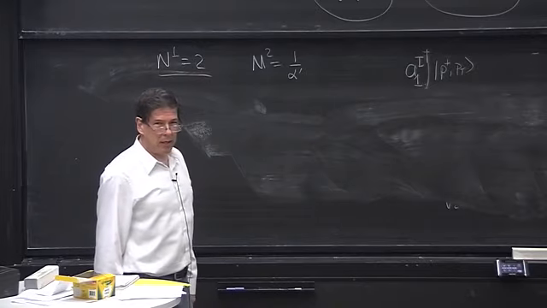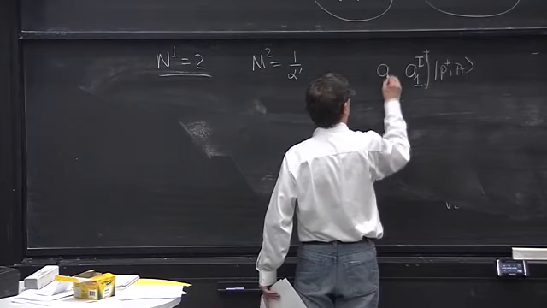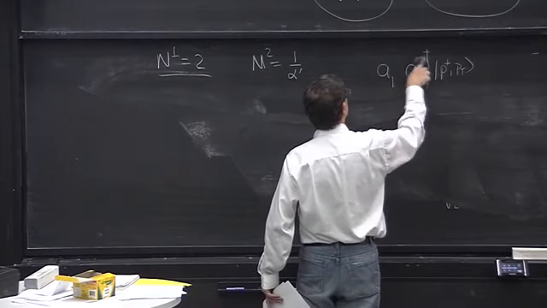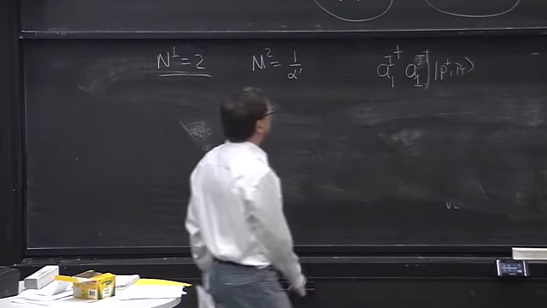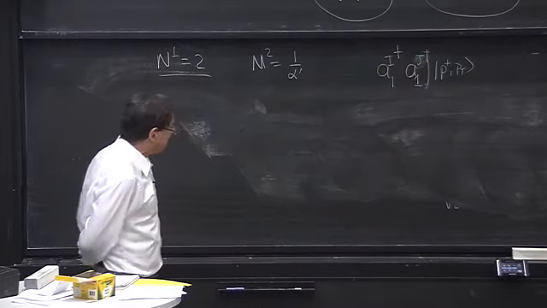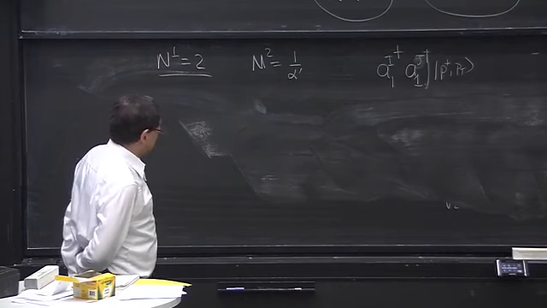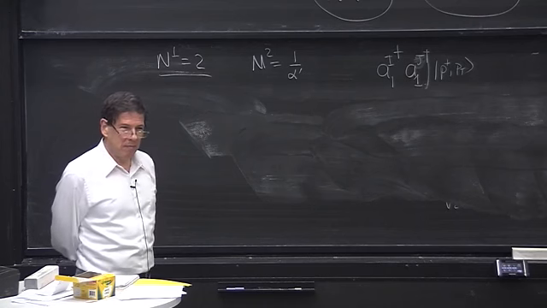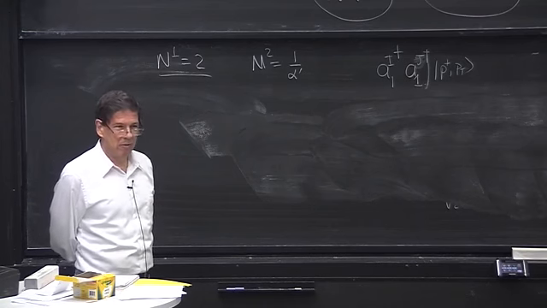Maybe I can square it. Yeah, that would do it. But more generally, I can put another A1. And I'll call this one I and this one J. And that's it. Two things like that. That is a state with n perp equals 2. Are there more states with n perp equals 2?